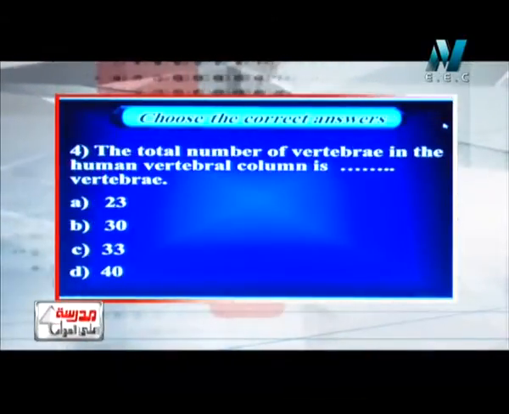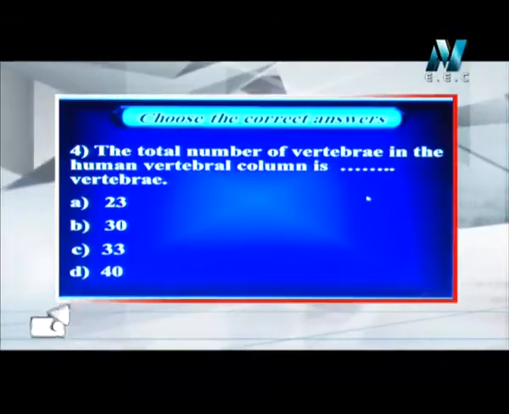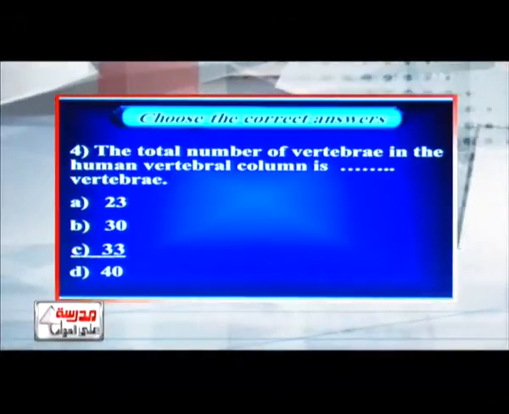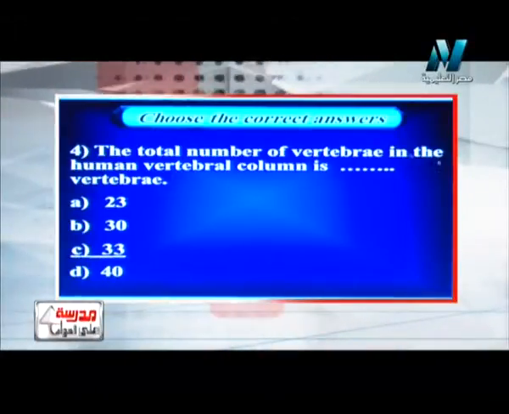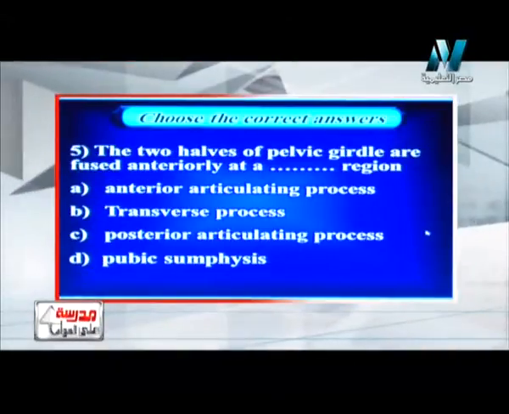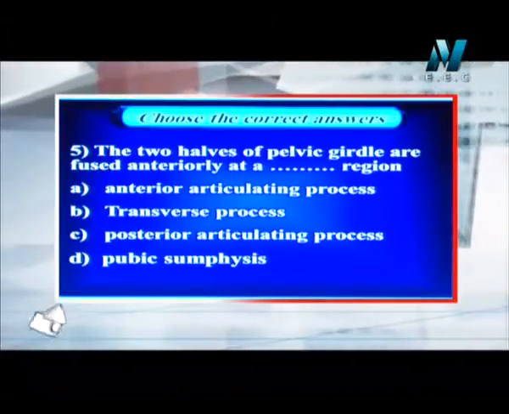The total number of vertebrae in the human vertebral column is 33. That is a very simple question because the vertebral column consists of 33 vertebrae. The next: the two halves of the pelvic girdle are fused anteriorly at the dotted region.